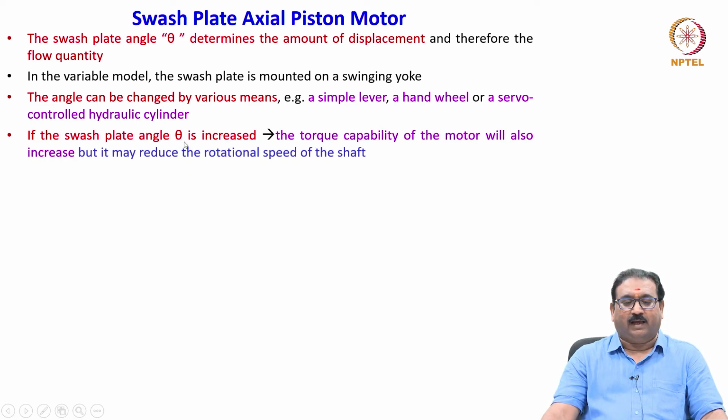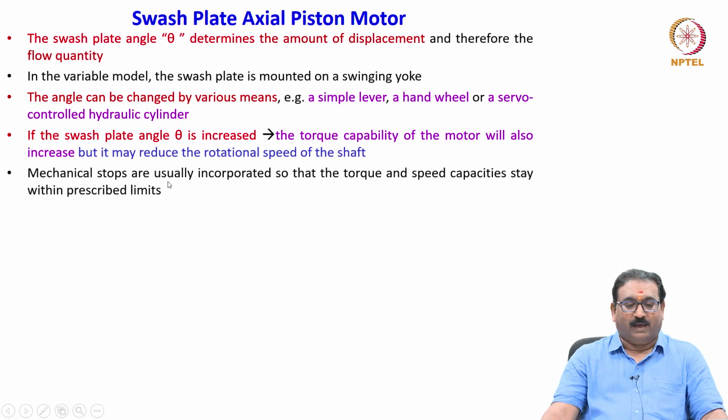If the swash plate angle theta is increased, the torque capability of the motor will increase, but it may reduce the rotational speed of the shaft. Please understand this. Mechanical stops are usually incorporated so that the torque and speed capacity stay within the prescribed limits.